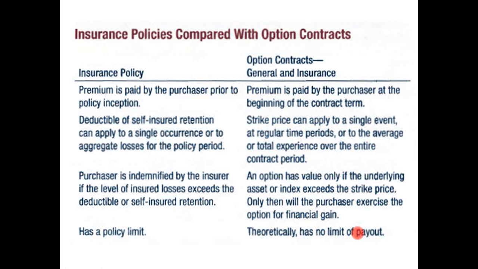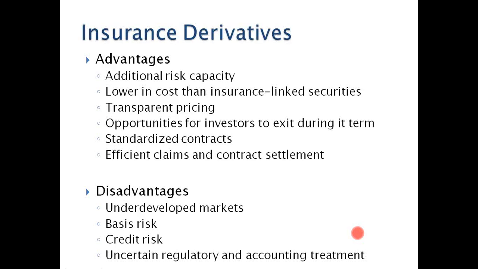So again, I think this is a good chart to take a look at for studying on this chapter. So, advantages, disadvantages. Again, I think the advantage to all of these that you're going to see is additional risk capacity. Because of the risk taken on by reinsurers, it provides an alternative means.